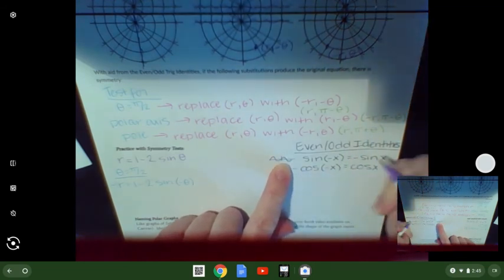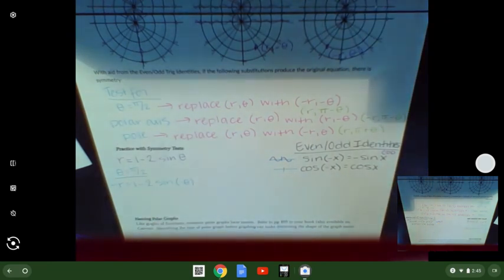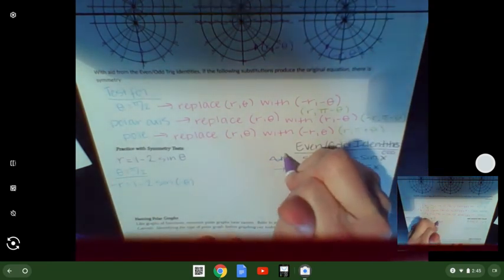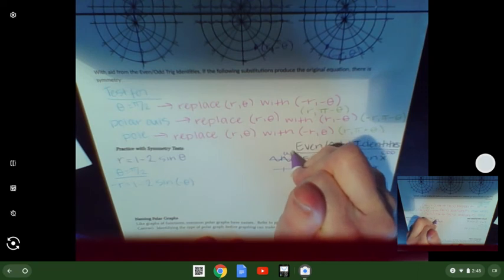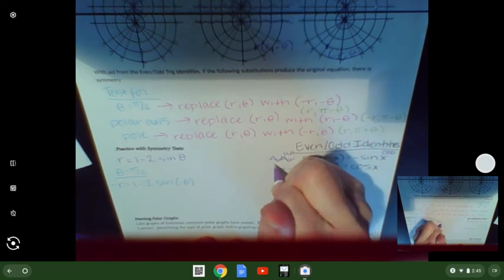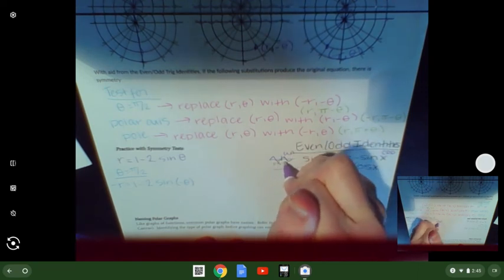Therefore, sine happens to be an odd function. Sine is an odd function. Well, what does it mean to be odd? If you remember, to be odd, it means if I have a point up here, arbitrarily (x, y), odd means I also have the point (negative x, negative y).